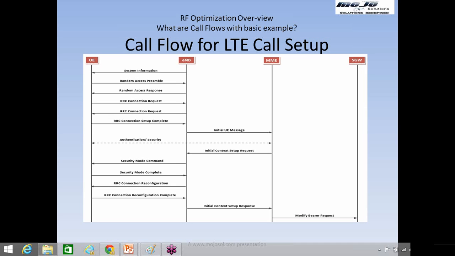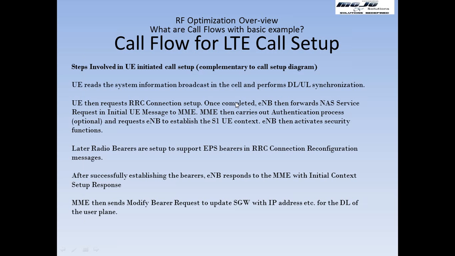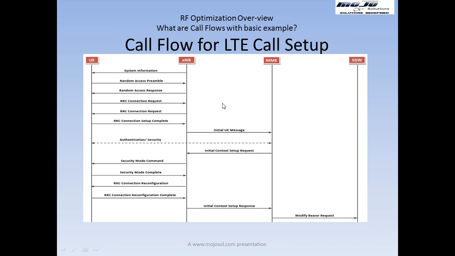This is system information. So what is system information basically? The UE reads system information broadcast in the cell and performs uplink and downlink synchronization. If you turn on the UE, how will the UE know which frequency to synchronize to? How will the UE know which neighbor to hand over to?